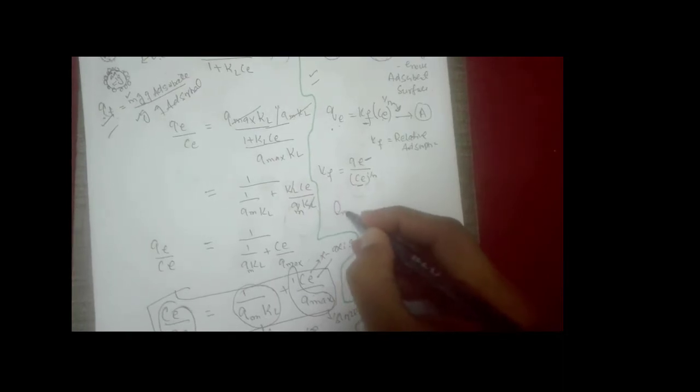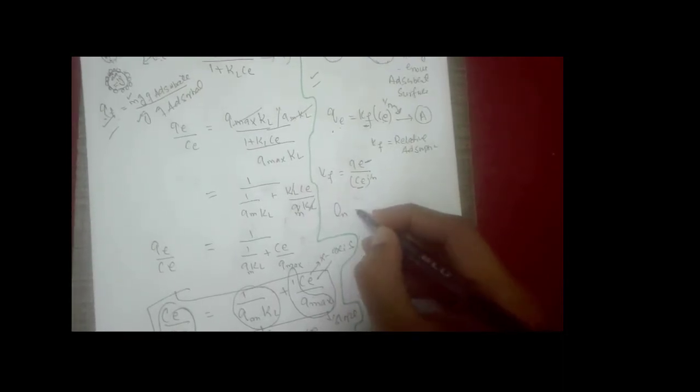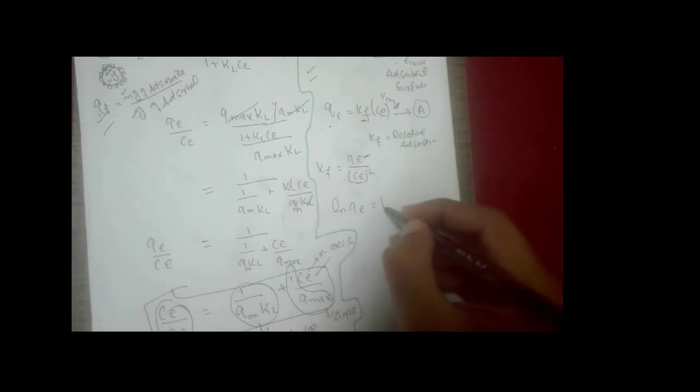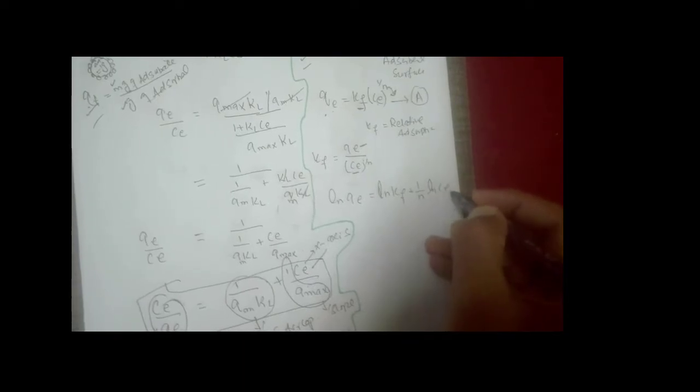Now the linear line can be obtained from this model. We can take ln on both sides: ln qe equals ln KF plus 1 over n ln Ce.